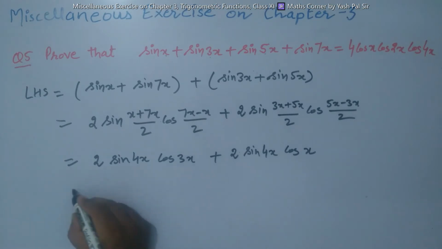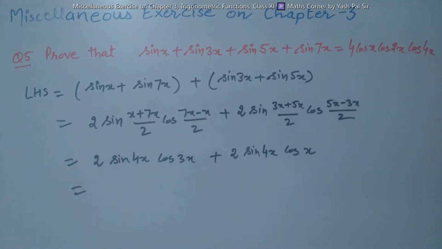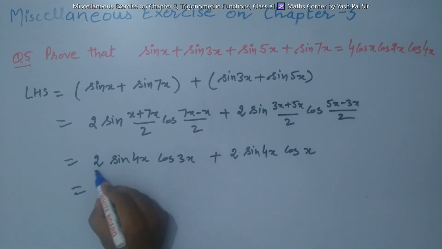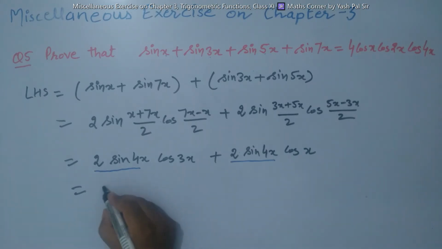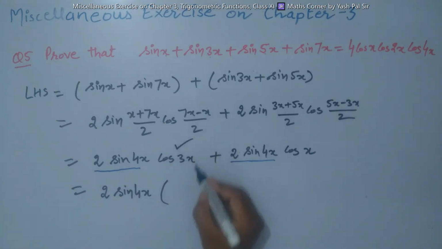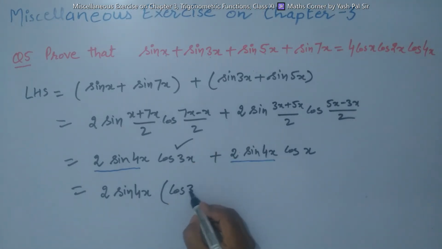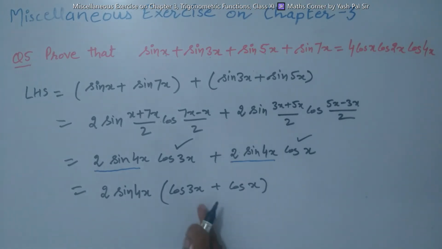So the next step is taking this 2 sin 4x common. We write 2 sin 4x outside the bracket. We are left with cos 3x here plus cos x. So now how to proceed?